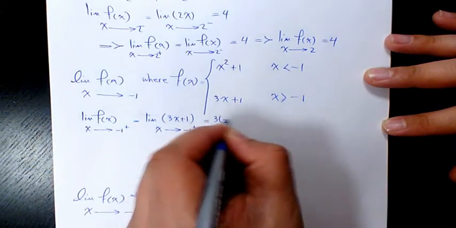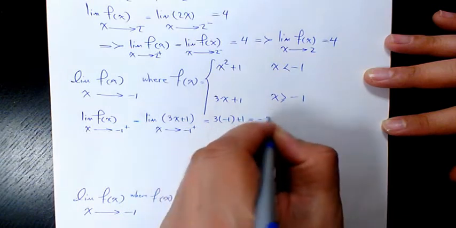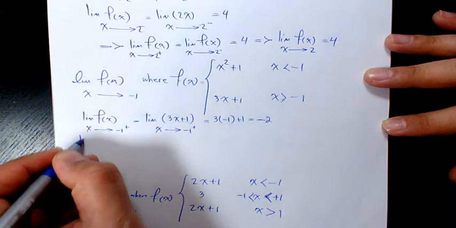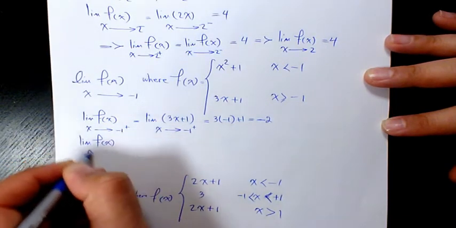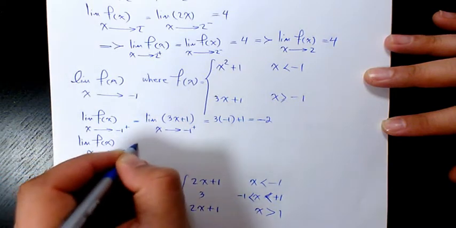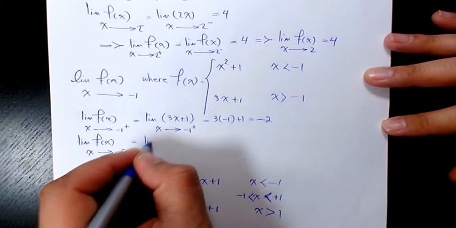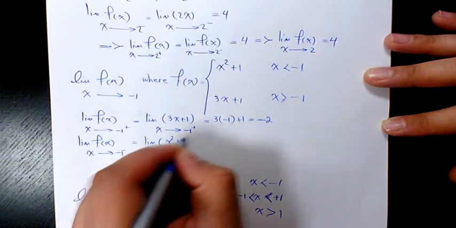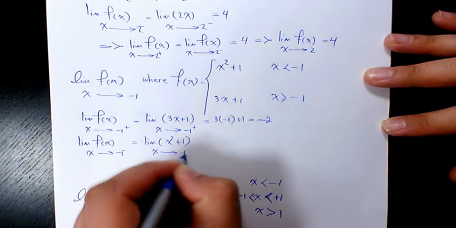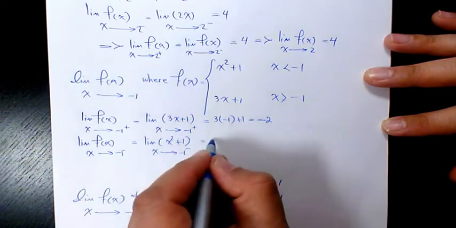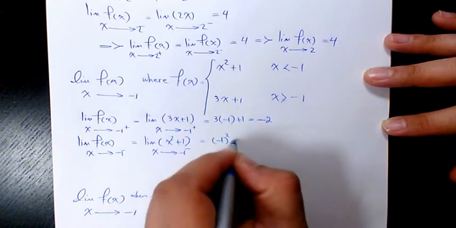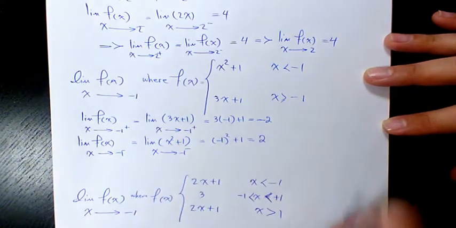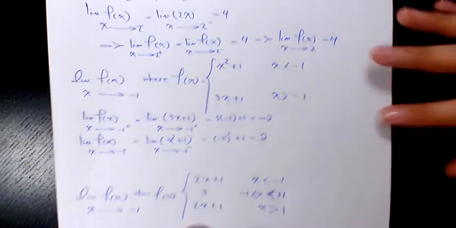It's going to be 3 times negative 1 plus 1 is going to be negative 2. And the other one is going to be limit of f of x when x is approaching negative 1 minus, it's going to be limit of x squared plus 1, which is going to be negative 1 squared plus 1, that's going to be positive 2.